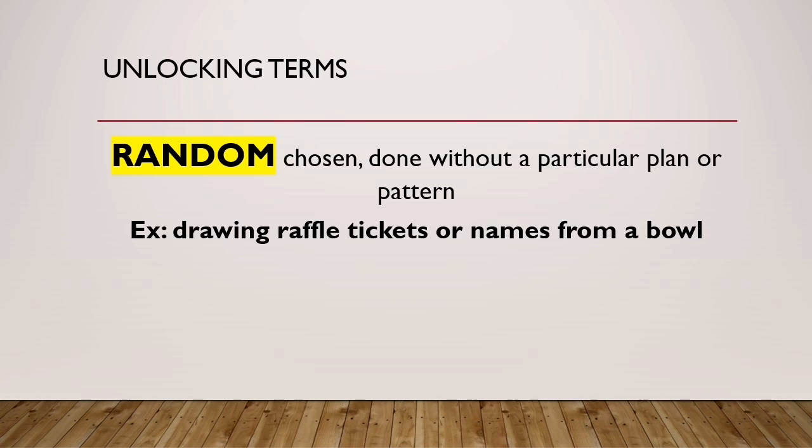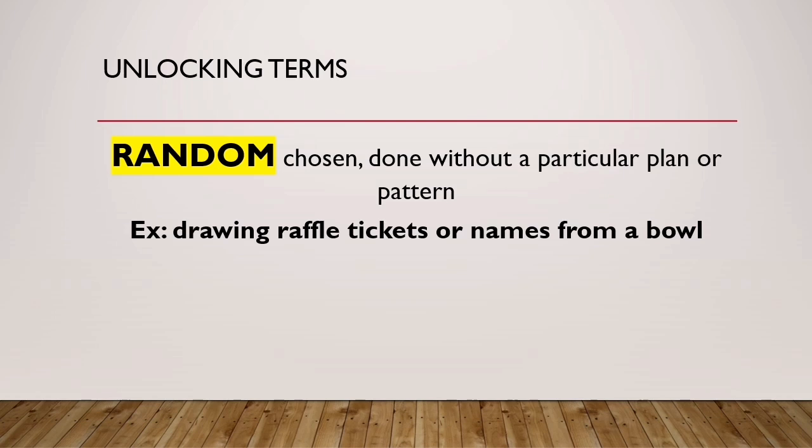Are you familiar with the tambolo? Or from a box, for example. So when you draw raffle tickets, when you choose winners, we do not know who is the winner or what raffle ticket will appear. So when you choose a raffle ticket and we do not know who will be the lucky winner, then that is random.